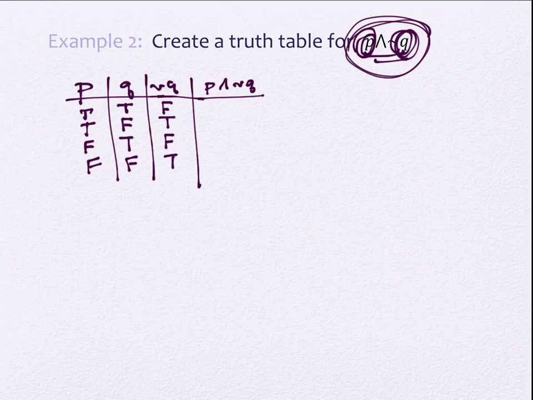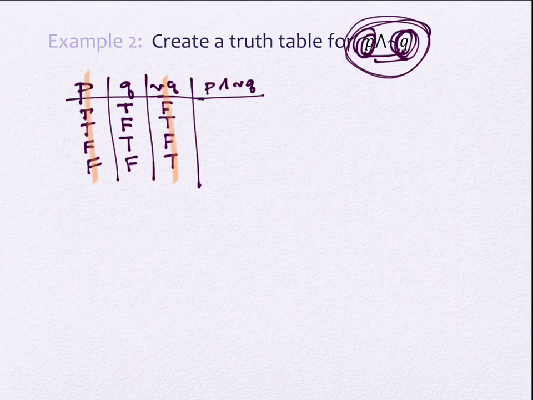Okay. The next thing I'm going to do is look at the columns that actually match up with the final statement. The final statement involves column P and column tilde Q. So for all practical purposes, I do not need column Q anymore. I can ignore it. I'm only going to look at the columns that I highlighted there in orange. Looking at those two columns, I'm going to create an AND statement. And when is an AND statement true?